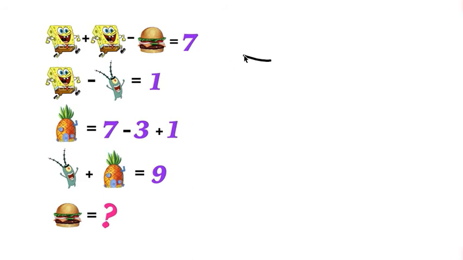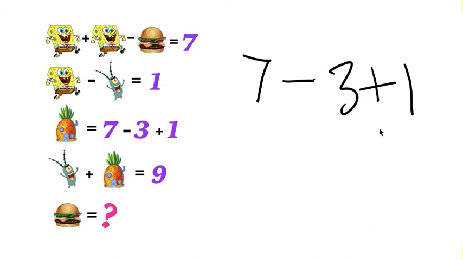So let's write that: 7 minus 3 plus 1. Okay, so when we use the DMAS rule, and if you don't know about the DMAS rule, you can click on the I button on the top right hand corner. By clicking on that, you can watch my DMAS rule method.